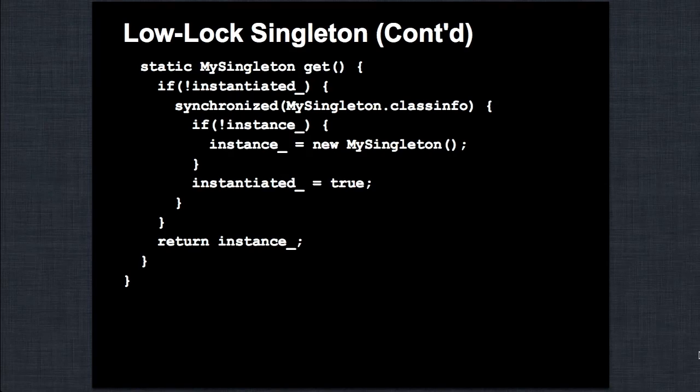If not, we're not doing any crazy double check locking. We always take a synchronized block. We check directly whether the instance has been instantiated or whether it's still null inside a synchronized block, so this is thread safe. If not, we instantiate it and no matter what, once we get to the bottom of this block, we know that we've been instantiated, and we set our instantiated flag to true. So we know that this synchronized block will never be executed more than once per thread.